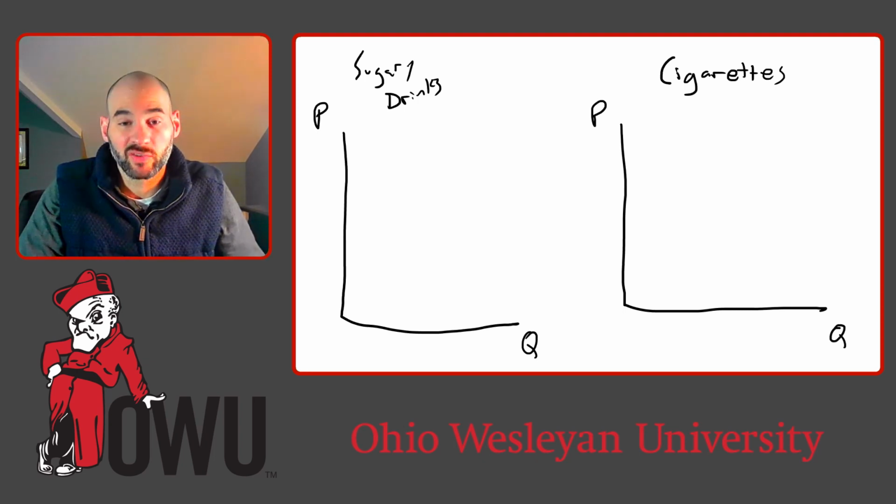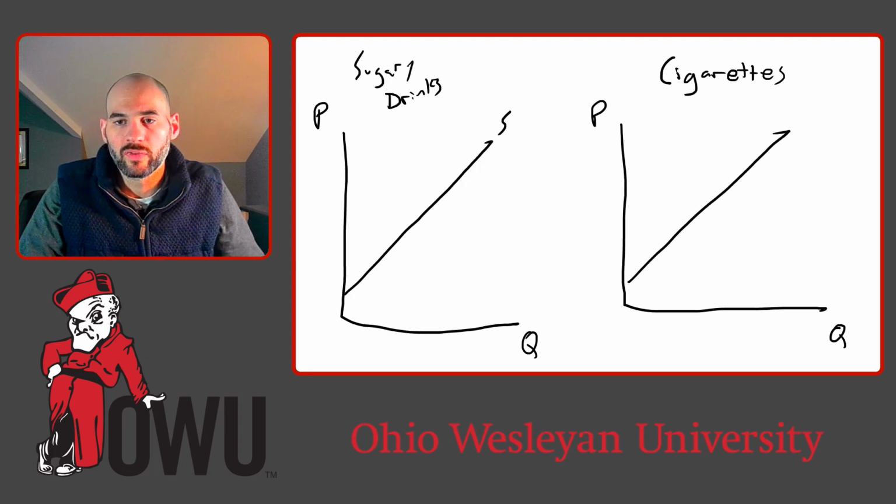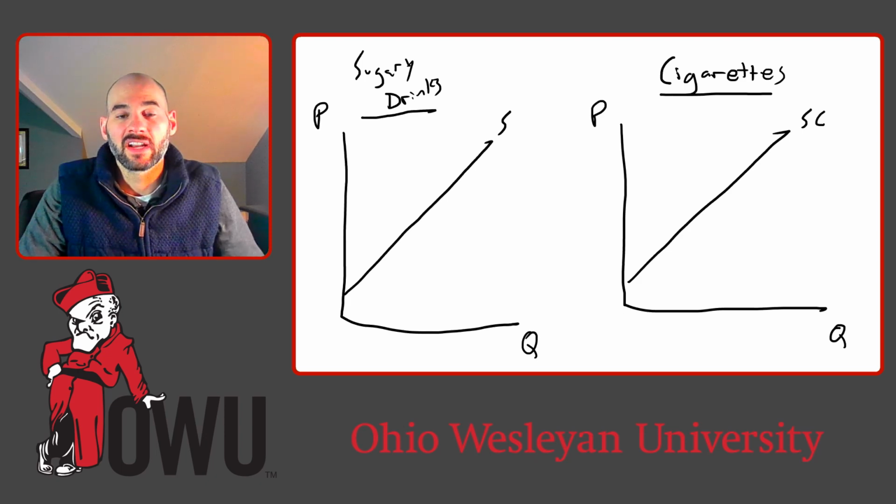And in both markets, let's assume the same type of supply curve. So the marginal cost for the production of sugary drinks is going to look very similar to the marginal cost of production for cigarettes. What's going to look different is going to be the demand curve.